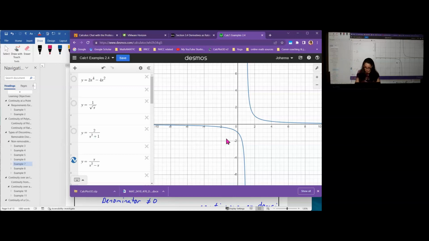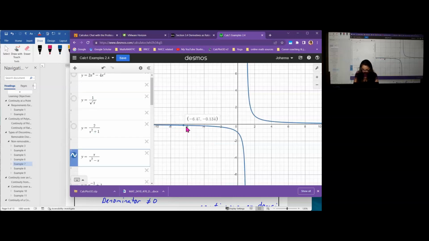How can I be sure of that? Again, click anywhere on the graph and then drag that point so you're hitting everything in between. Slow down when you get to 0, because at that point it's undefined. That's the only way to know in Desmos that you have a hole. It also has the vertical asymptote at x equals 1.